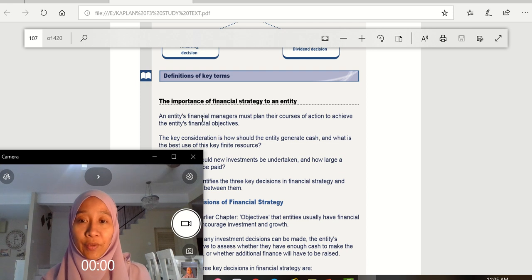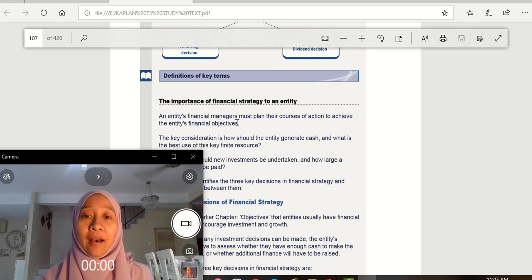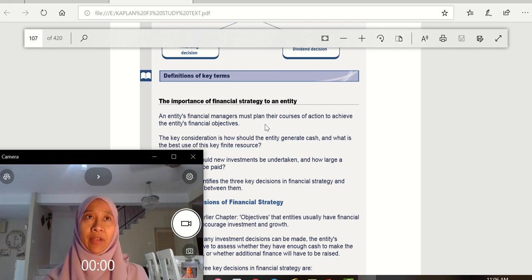If you look at the textbook, they say an entity's financial managers must plan their courses of action to achieve the entity's financial objective. Because doing something without having certain targets brings you nowhere.